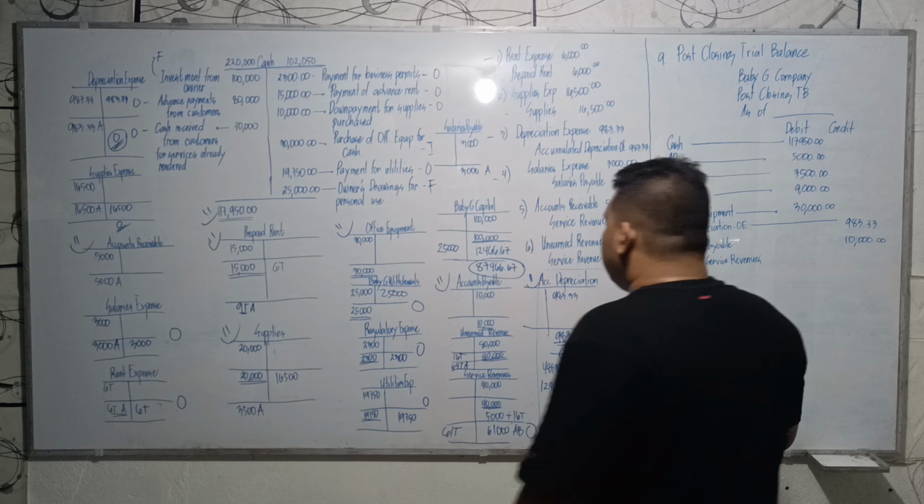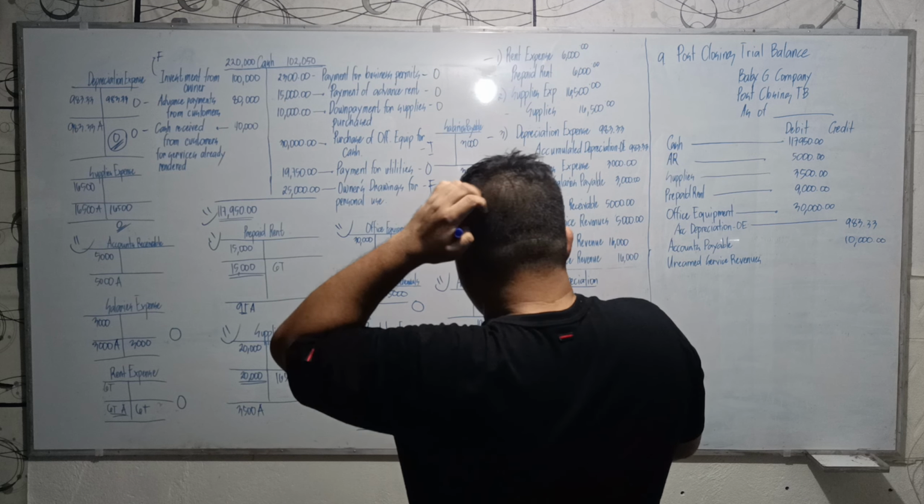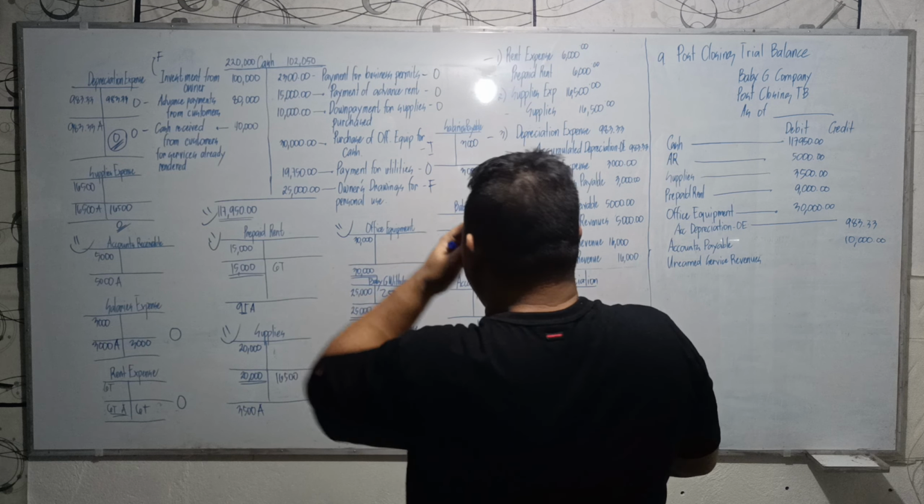The unearned service revenues that we have here, it has a 64,000 adjusted balance. Yep, unearned service revenues. That's done. So that's it for our liabilities, I guess. We don't have any non-current liabilities.